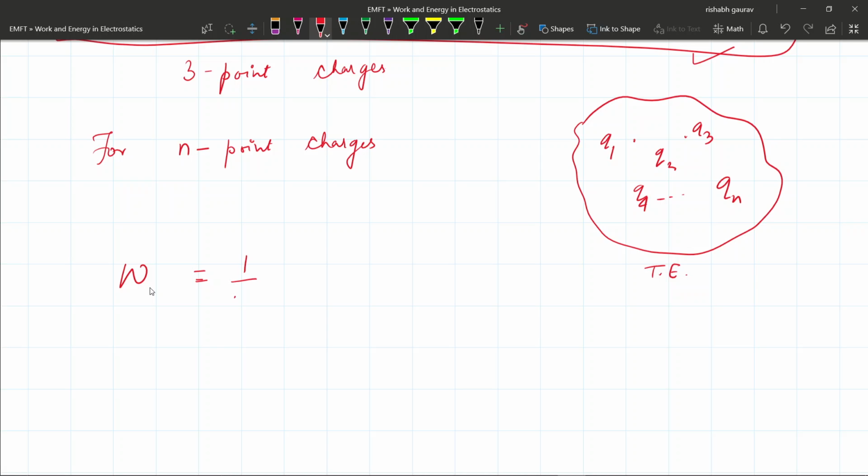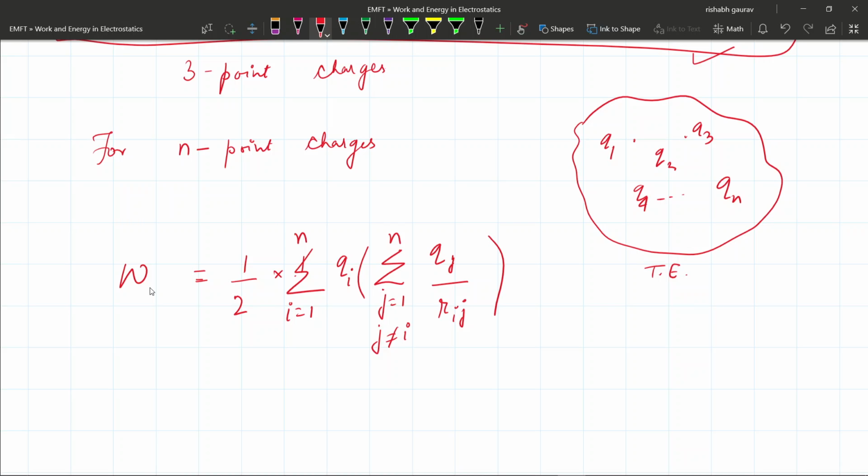It will be given by 1 by 2 multiplied by summation i equals 1 to n, Qi, multiplied by summation j equal to 1 to n, j not equal to i, qj by rij. This is the general formula.